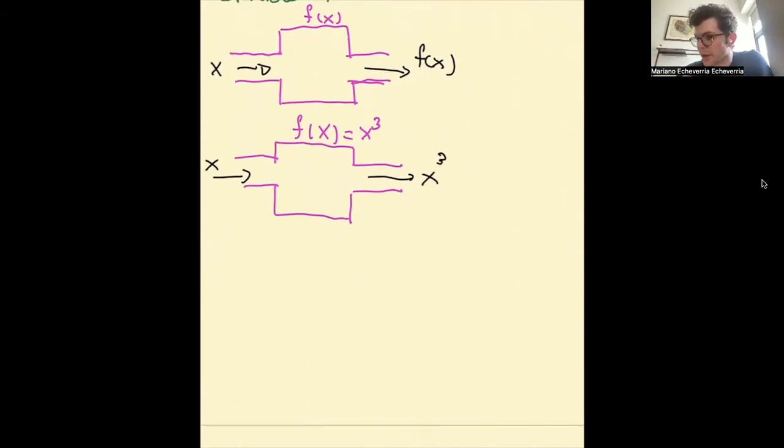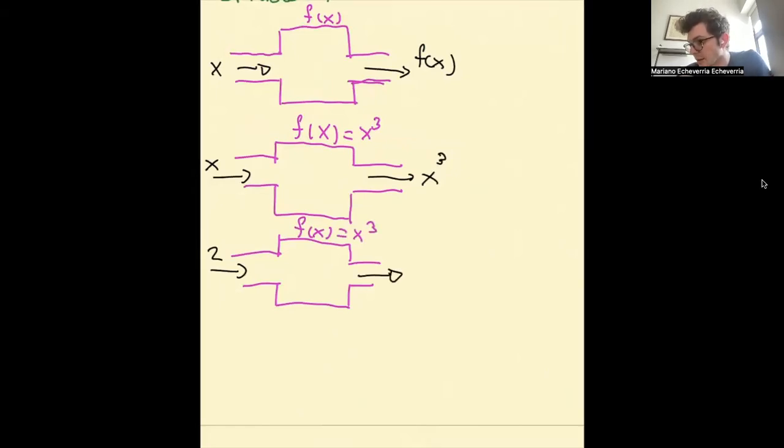More concretely, if you were to feed the number 2 to it, then the output that it gives you is 8. So that's how x cubed works if you think about it as a machine. It receives an input and it gives you an output. So far so good.